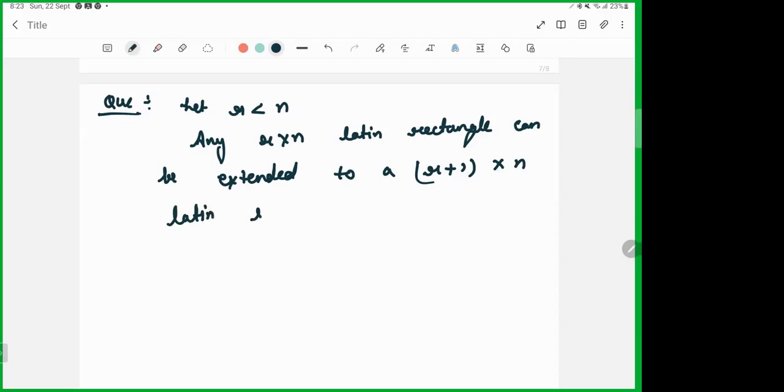So are you familiar with this Latin rectangle and Latin square thing? No. Okay, so let me define.